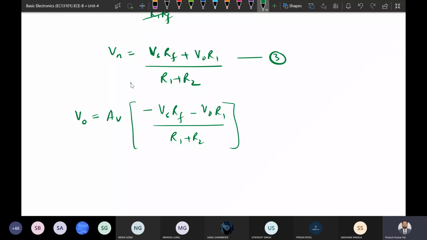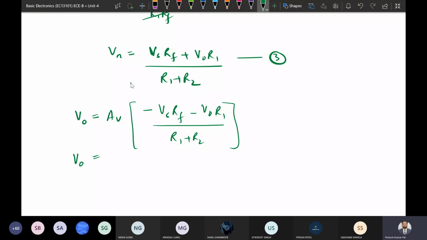So this is the V0. Okay, so by considering this and solving for the value of V0, we will separate these values and find the value of V0.